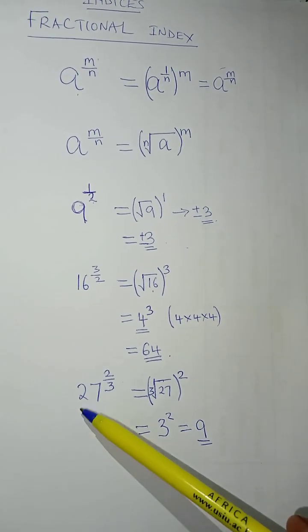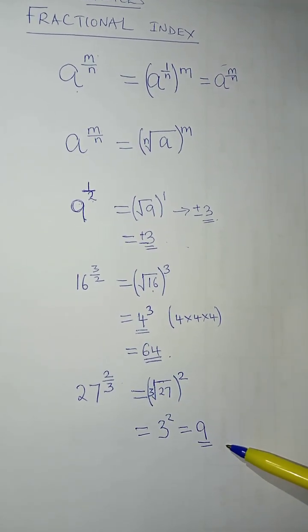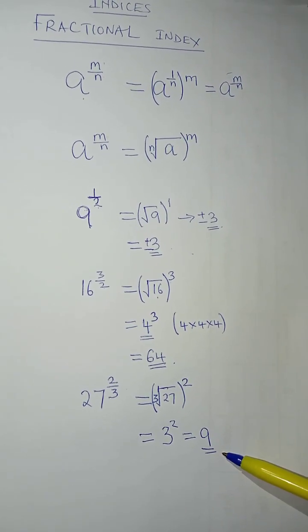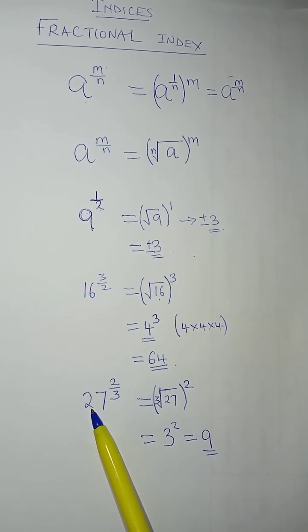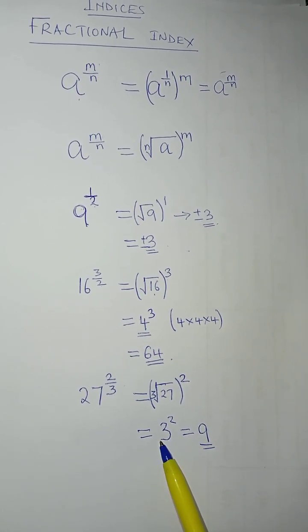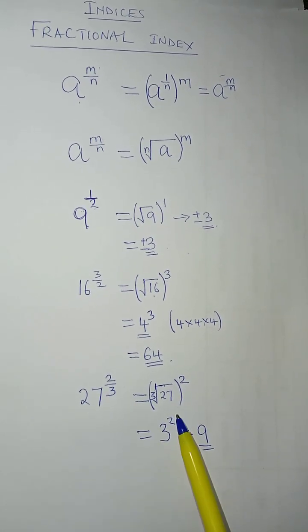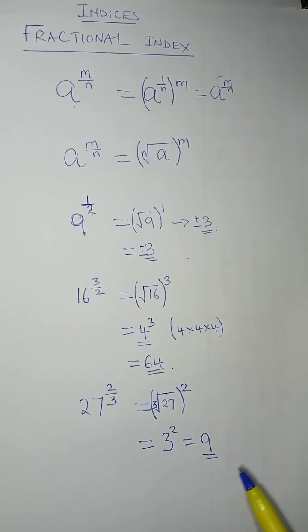Therefore, 27 to the power of 2 over 3 is simply 9. How did we get it? Find the cube root of 27, which is a positive 3. After finding that, raise it to the last power 2. And that gives us 9.